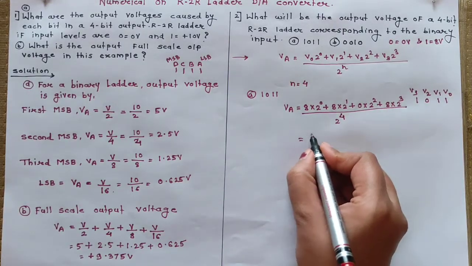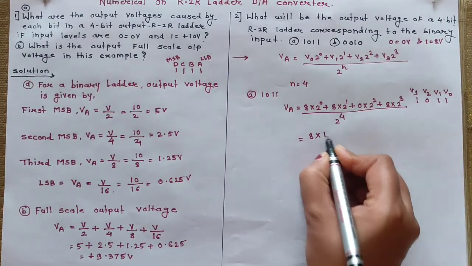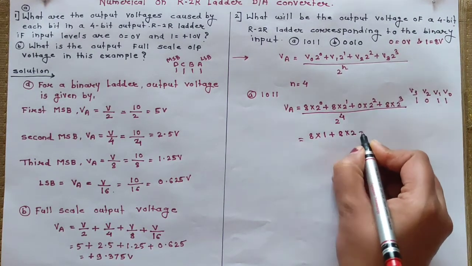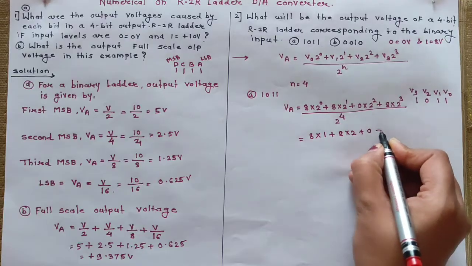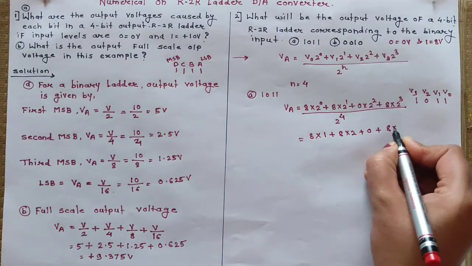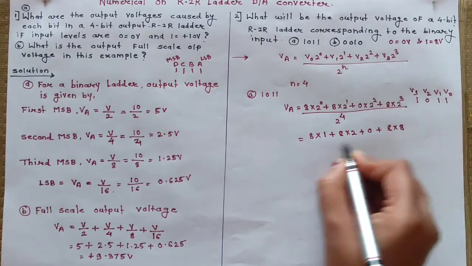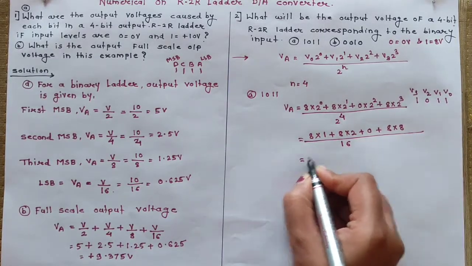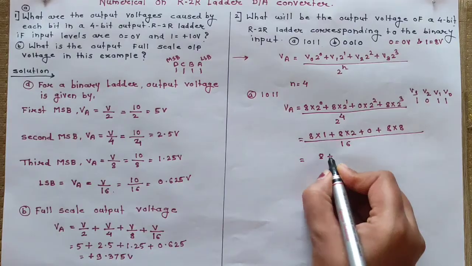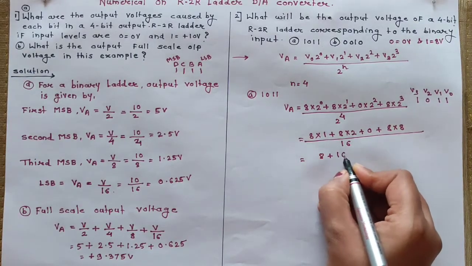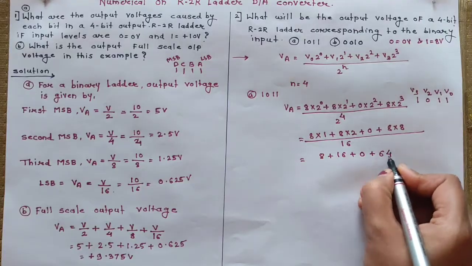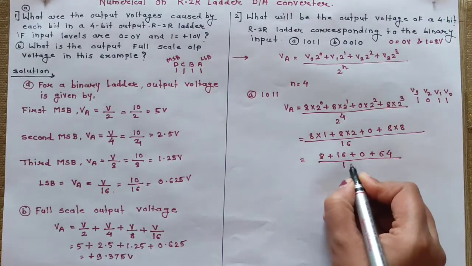So let's solve. 8 into 2 raised to the power 0 is 1 plus 8 into 2 raised to the power 1 is 2. 0 multiplied by anything comes out to be 0. 8 into 2 raised to the power 3 is 8, upon 2 raised to the power 4 is 16. 8 into 1 is 8, 8 into 2 is 16, plus 0, 8 into 8 is 64, upon 16.